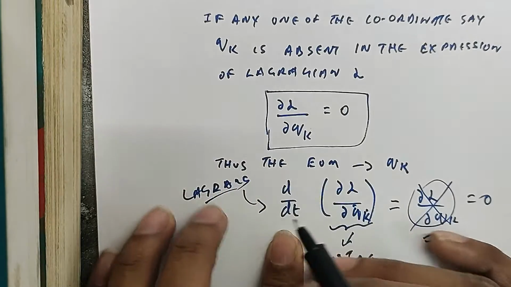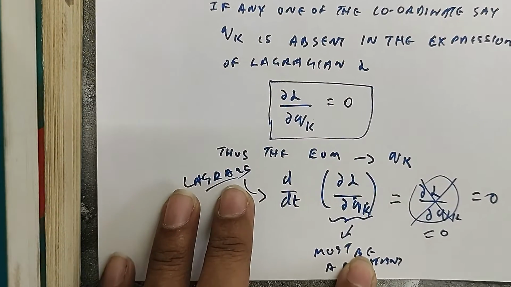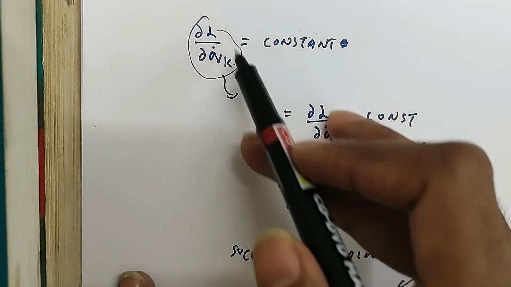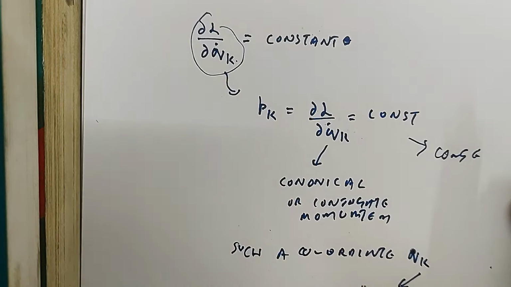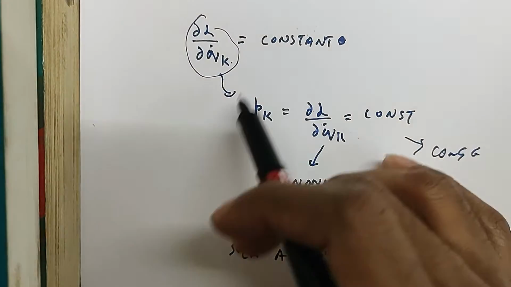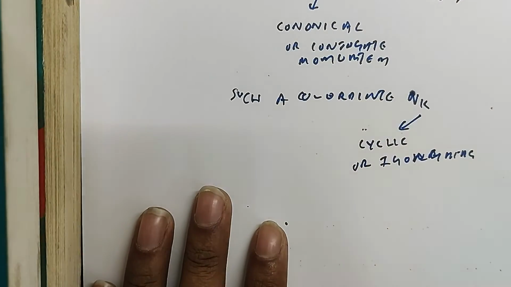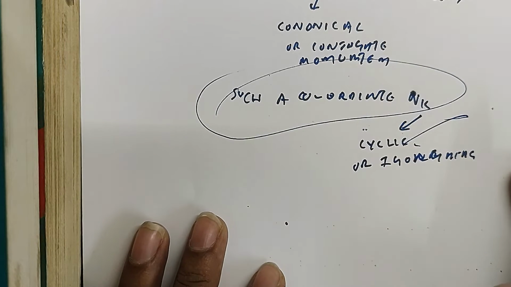If a derivative of a particular variable is equal to 0, that means that variable must be constant. As a result, we get ∂L/∂q̇k equal to constant. I define this quantity to be pk, which is later called the canonical conjugate momentum, or generalized momentum, and this term is constant because of this result. As a result, we say such a coordinate qk is called a cyclic or ignorable coordinate.